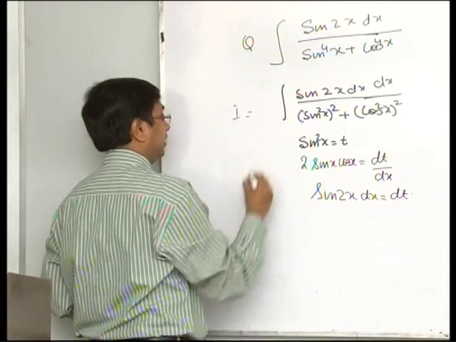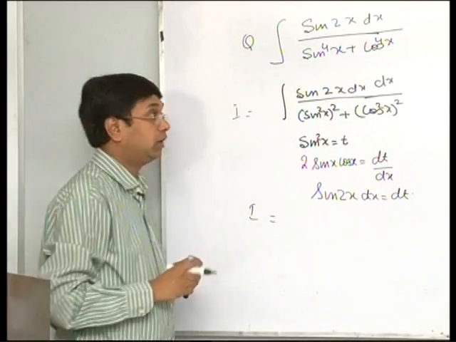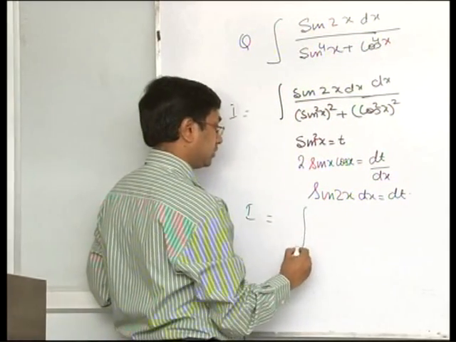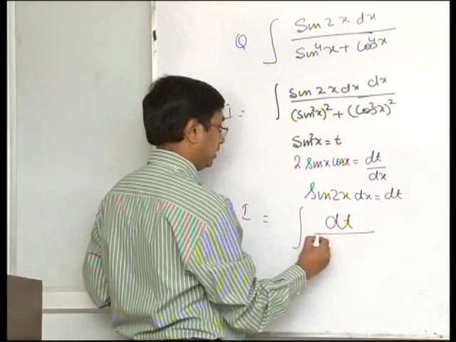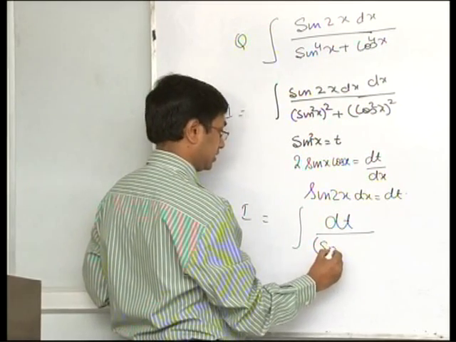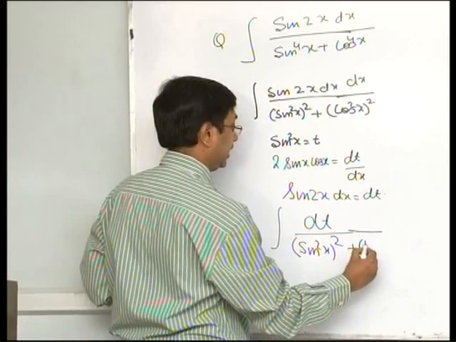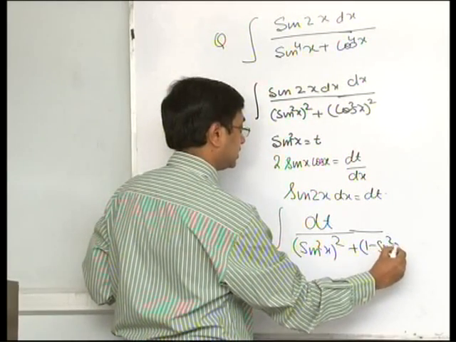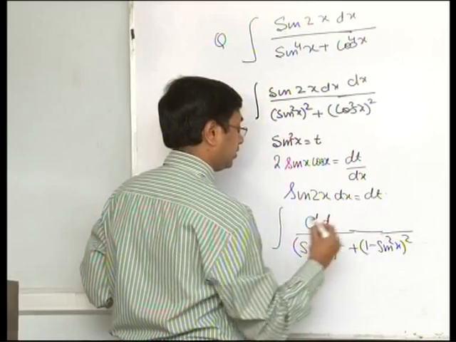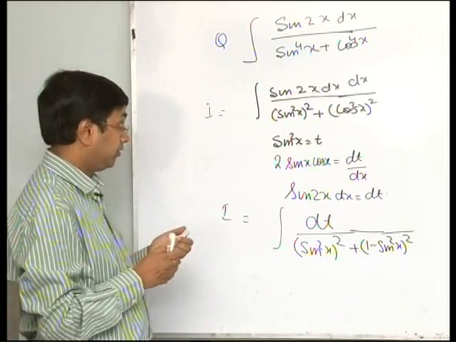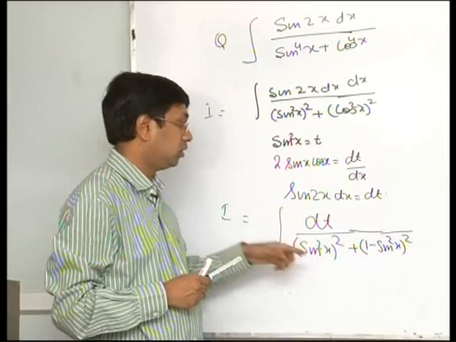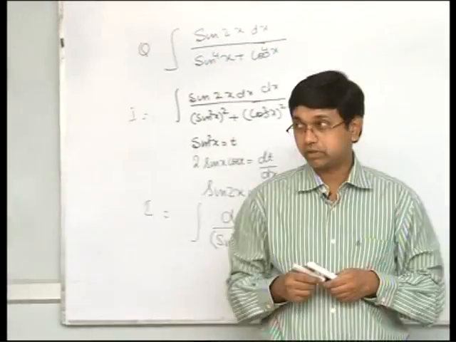So our I would be equivalent to what? Instead of this, you can substitute dt. Here you have sin square x. We'll do the substitution once we get everything in terms of sin. And here you have (1 minus sin square x) whole square. Now we have put not sin x, but sin square x equal to t. So what would we get after this?